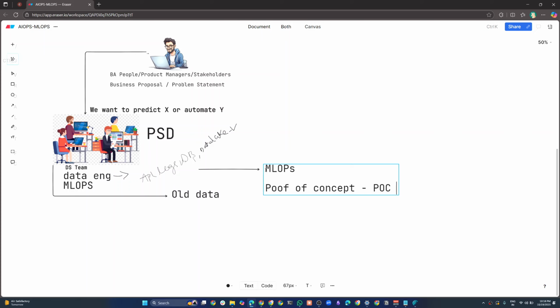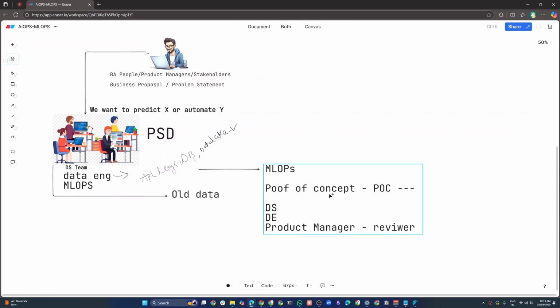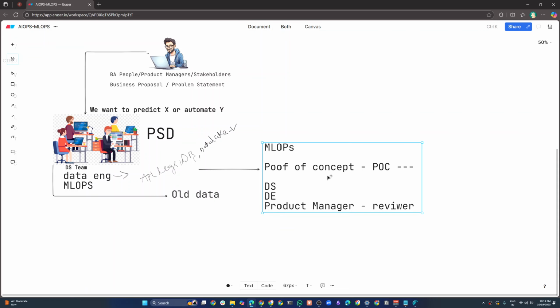Who are involved here? Data scientists and data engineers, and the product manager is the reviewer here.